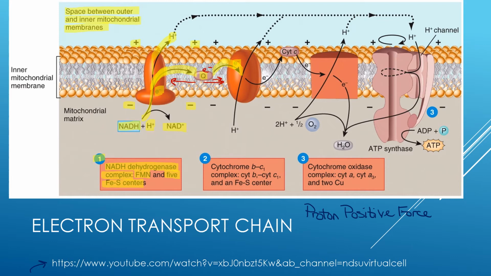And then we get to the second proton pump, labeled number 2 here. This is the cytochrome BC1 complex. Now this contains cytochromes, so cytochrome B1 and cytochrome C1, and it also contains an iron-sulfur center.